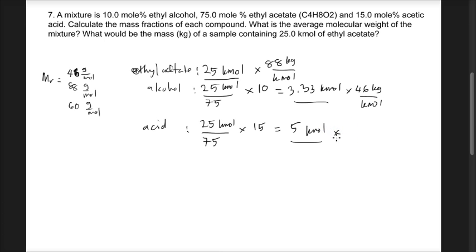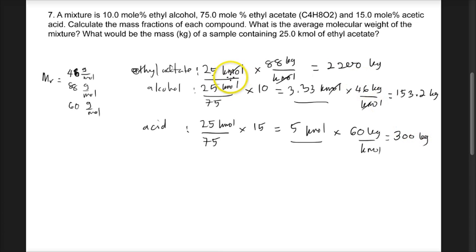And for acid it is 60 kilogram per kilomole. So by multiplying this value, we get 2200 kg of ethyl acetate, because the units cancel out. For alcohol, we get 153.2 kilogram, and for acid we get 300 kilogram of acid.